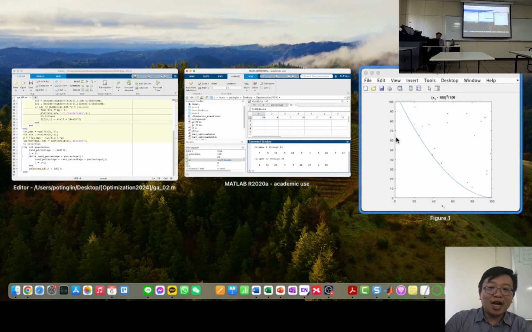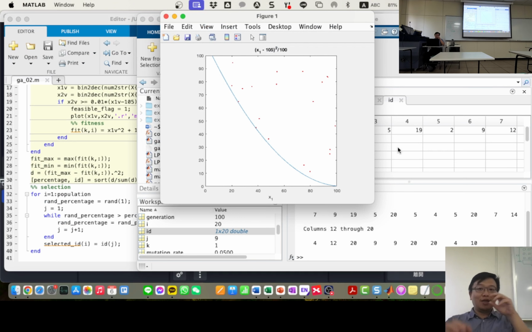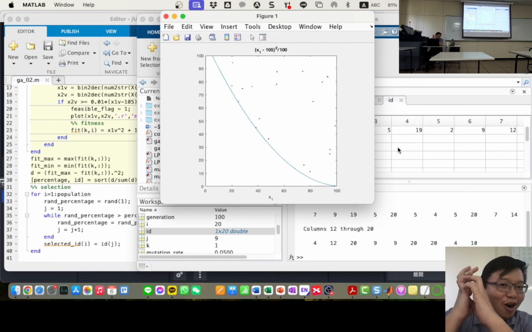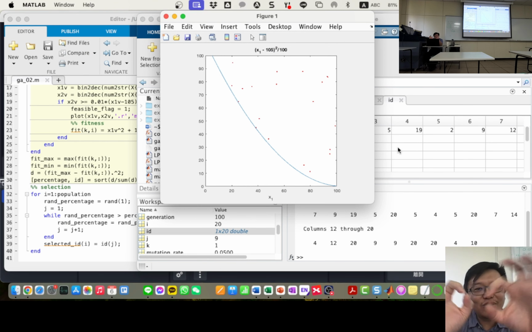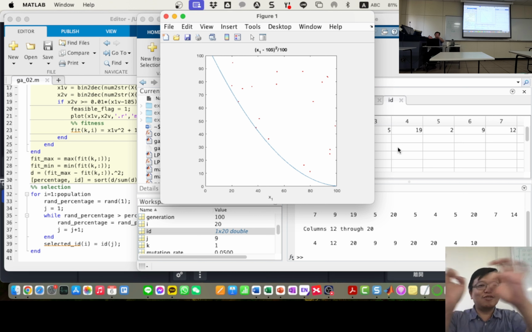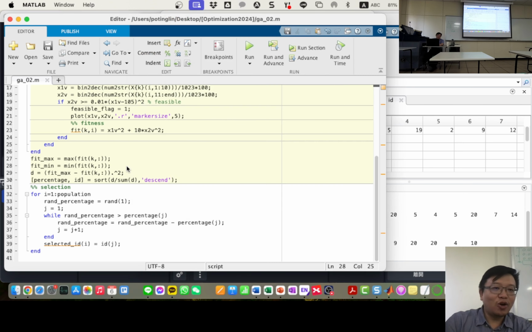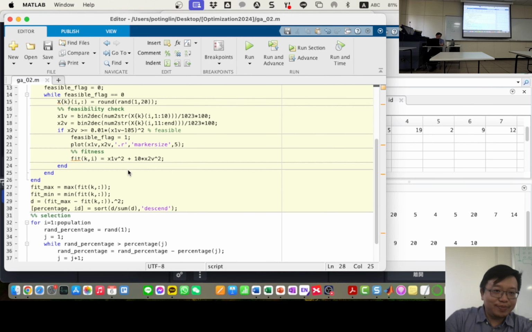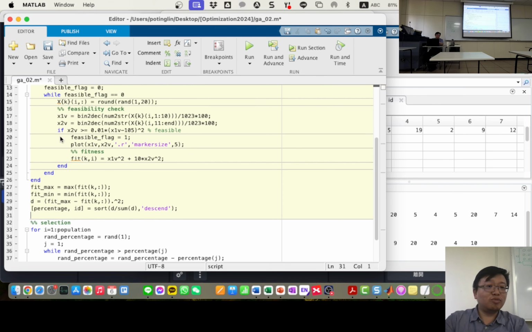Okay, so now I want to circle where those chromosomes are. Since I have 20 of them, but I don't know which one is now the overall best. So after the sorting, I will show you which one is the overall best.